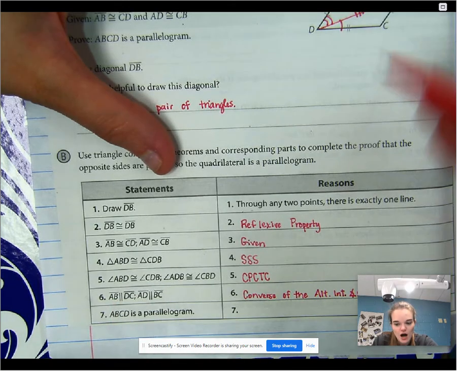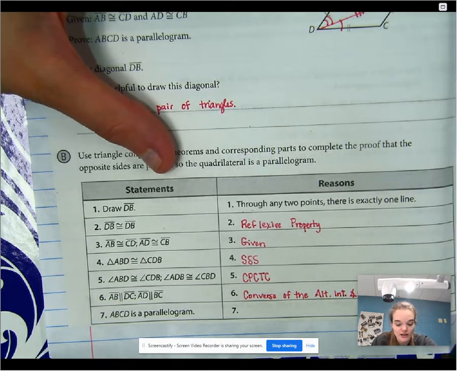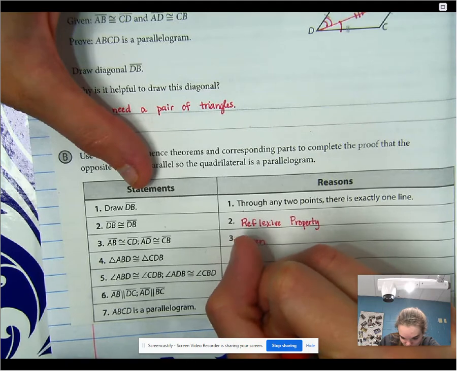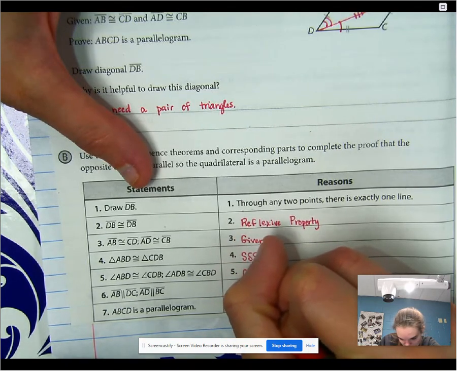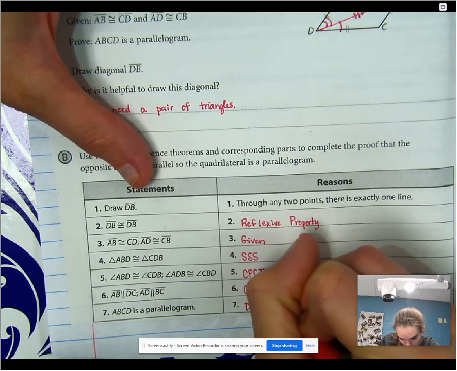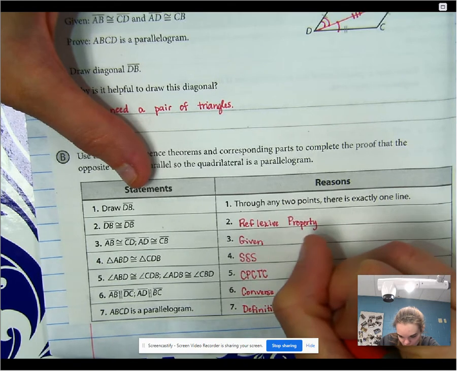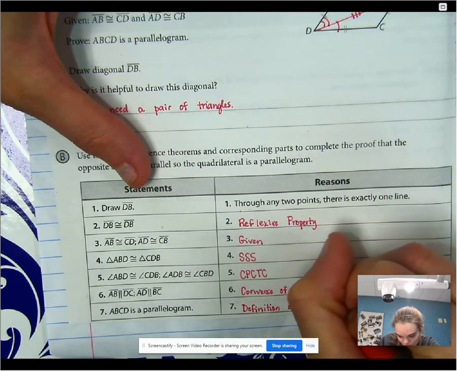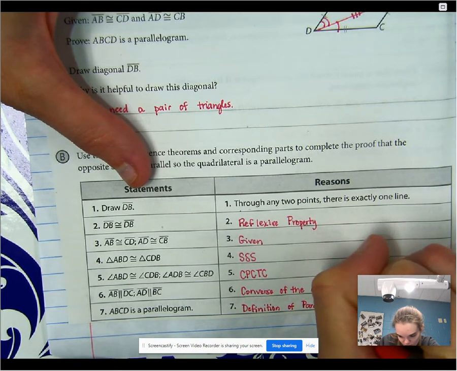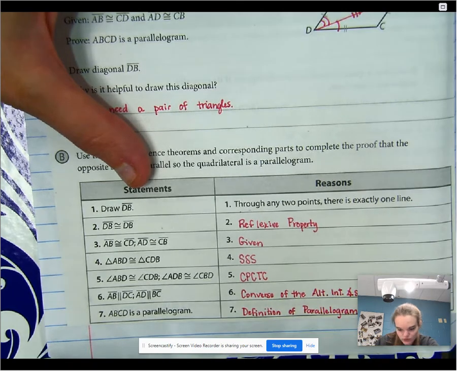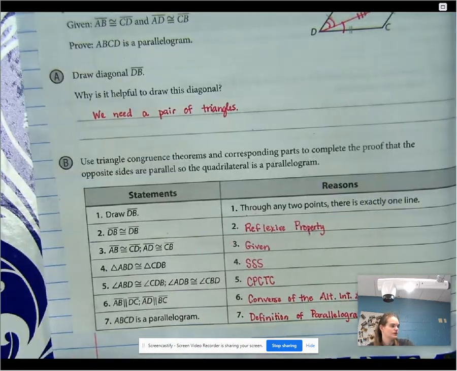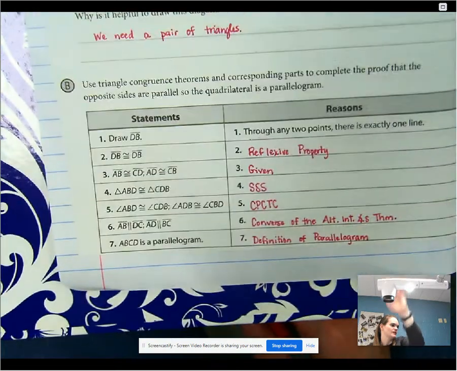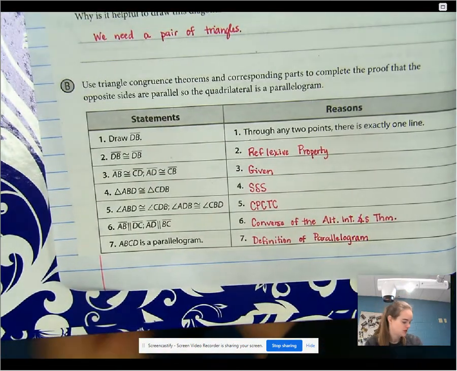Well, since the opposite sides are parallel, it is a parallelogram by the definition of a parallelogram. So, if you are given opposite sides congruent in a quadrilateral, it is a parallelogram. There's the proof that goes with that to tell you that that's true. Okay.